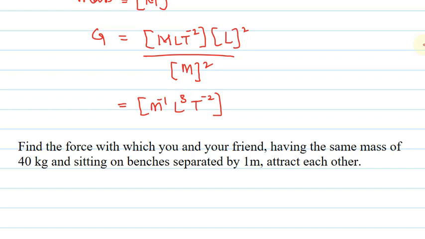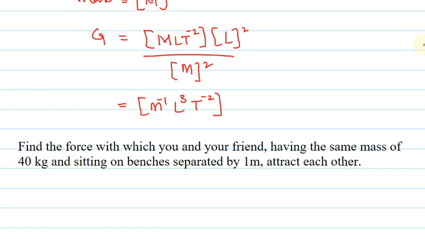The question is, find the force with which you and your friend, having the same mass of 40 kilograms and sitting on benches separated by 1 meter, attract each other. Here we need to find the force of attraction between two friends. Their masses are 40 kilograms each, and they are separated by a distance of 1 meter.